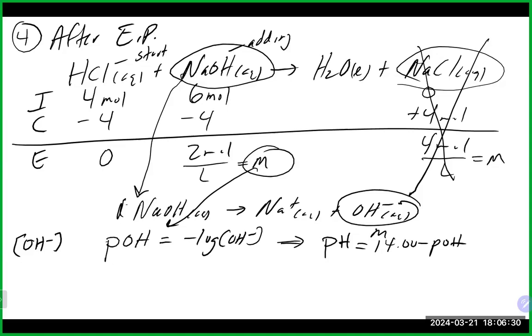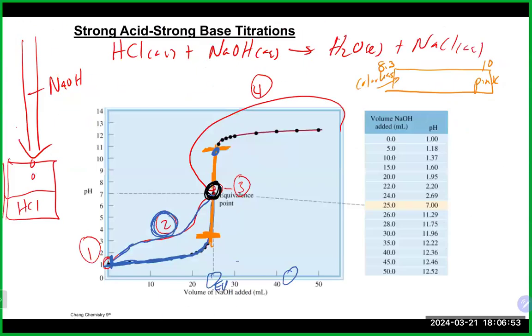It'll get you to the pOH and then get you to the pH for that part of the titration curve. Also, let me be really clear, what we are talking about here in these 4 spots are specific to this type of titration only, a strong acid and a strong base. We'll talk about some others in just a second. They're a little bit different. Any questions on that there?